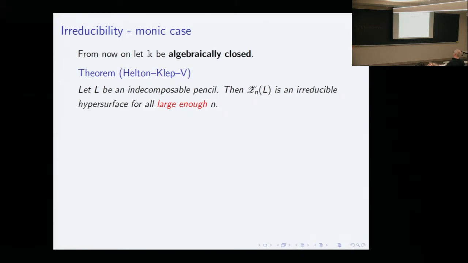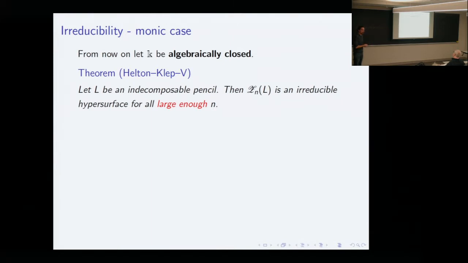If you give me an indecomposable pencil, then the free loci levels are going to be irreducible hypersurfaces for large enough n's. They might not be irreducible for all n's; for some small n's things might go wrong. However, when n is large enough, and again, what does large enough mean? We'll talk maybe at the end. But it's going to become irreducible.